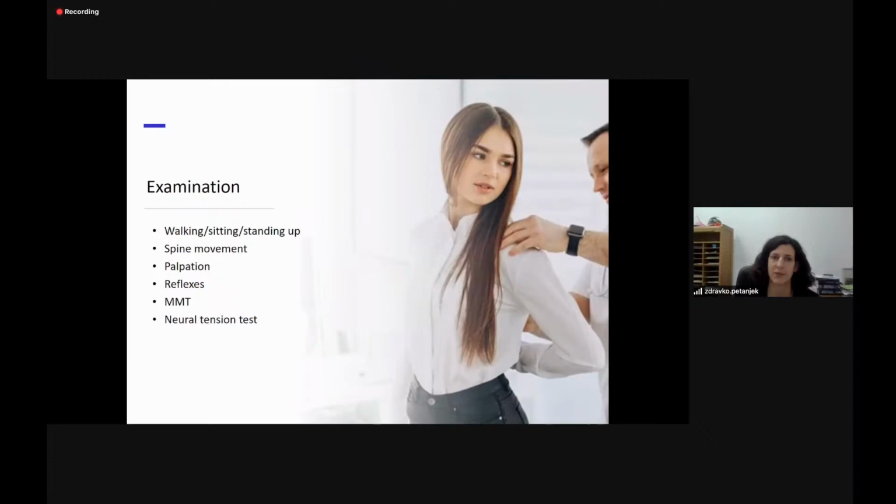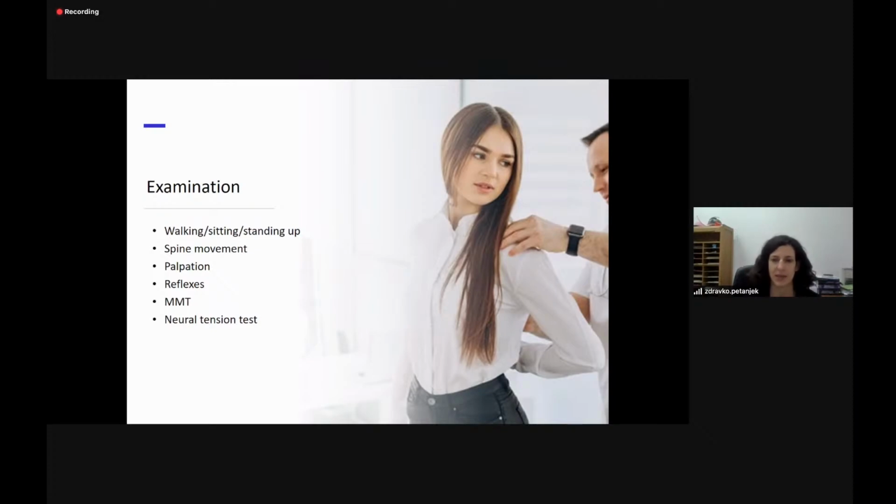You always have to look at the patient. You have to undress the patient. It's not enough to see him standing and walking in front of you. You have to see how the spine is bending, what the range of motion of that particular patient is, and if he has pain in one particular position.